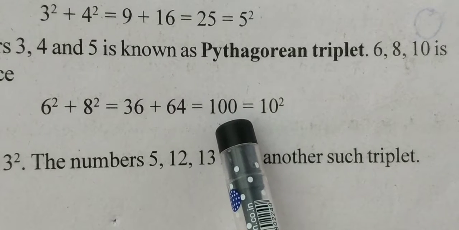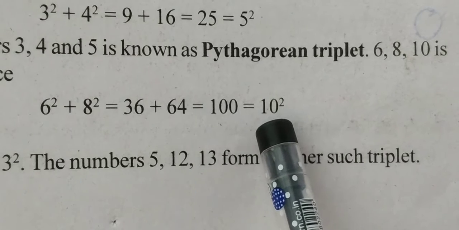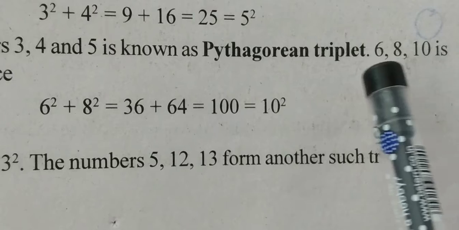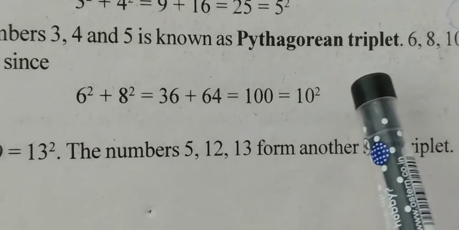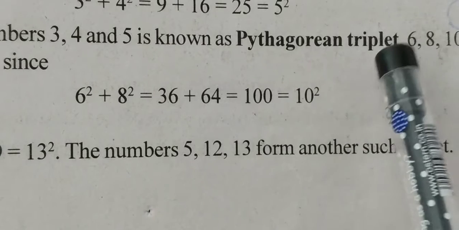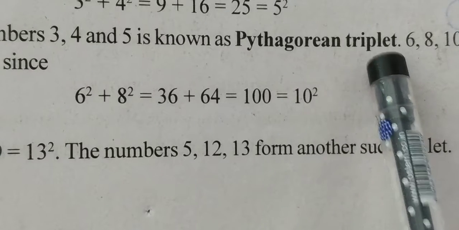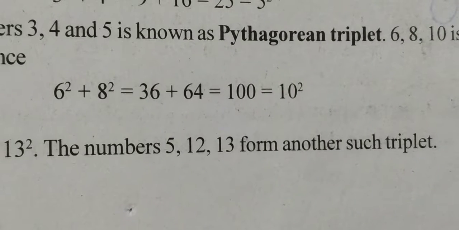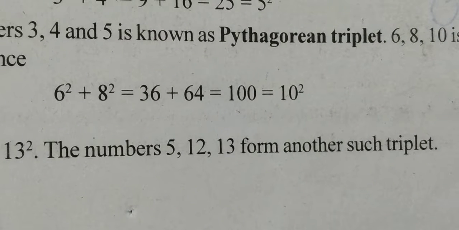And 100 is the square of 10. So 6, 8 and 10 is known as a Pythagorean triplet. Is that clear? So in exercise 6.2, question number 2 is based on this topic, Pythagorean triplet.